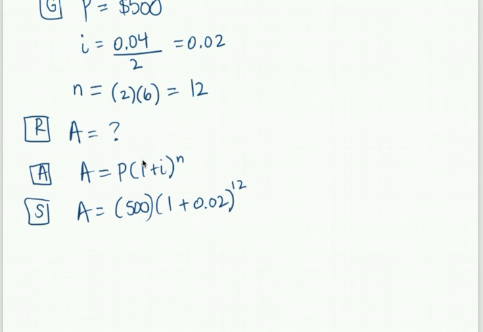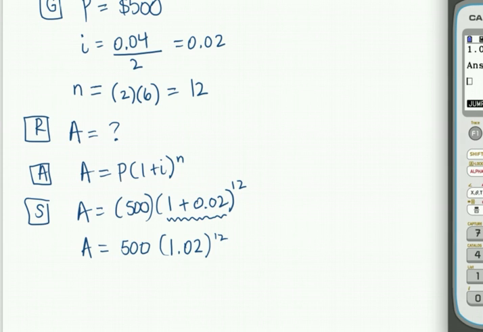If you want to write it as 1.02 right away, you can do that. Otherwise, be careful and make sure you clean up the brackets first.